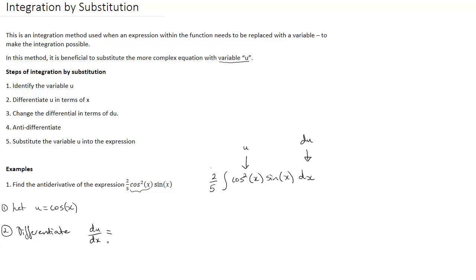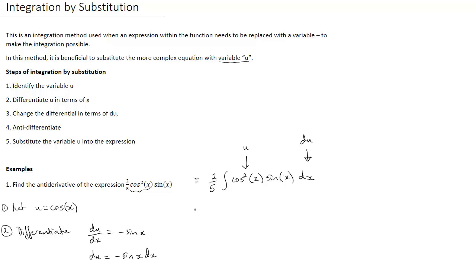So du over dx, the derivative of cos is minus sine. So I know that du is the same as minus sine x dx, and that will become more important as we go through this integration process.